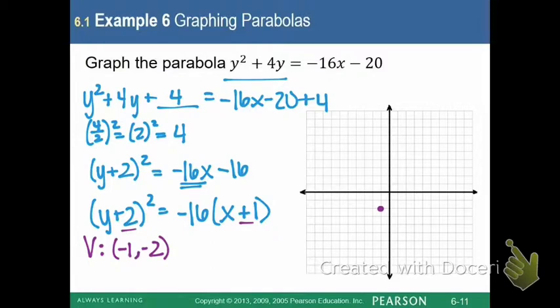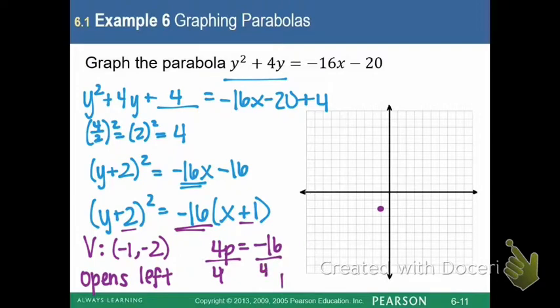This time it's the y's that are being squared, so that tells me it's opening left or right. Because 16 is negative, that tells me it's opening left. And then I find the value of p. 4p equals negative 16. So p equals negative 4. So I'm going to go left 4 units. That's the focus.